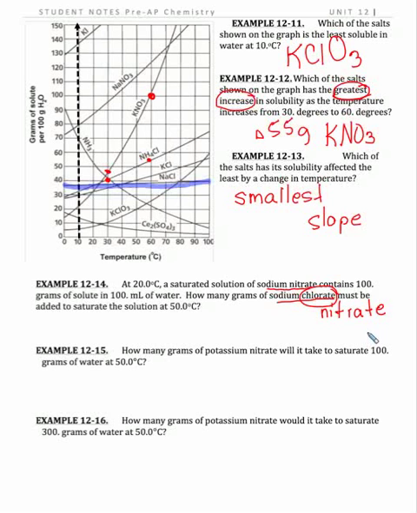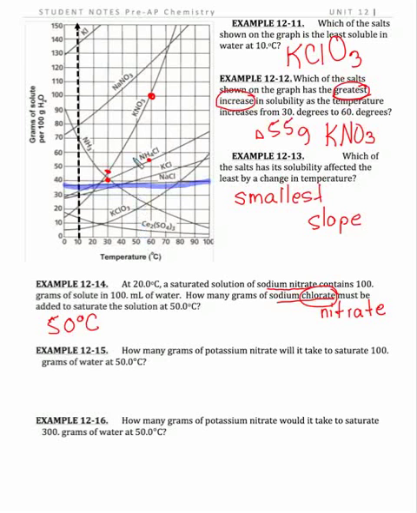All right, so we have a saturated solution of sodium nitrate, contains 100 grams of solute and 100 mLs. How many has to be added to saturate? Okay, so I have 100 grams to saturate at 50 degrees Celsius.